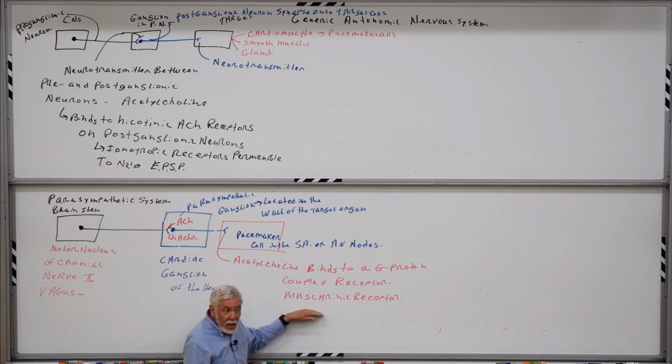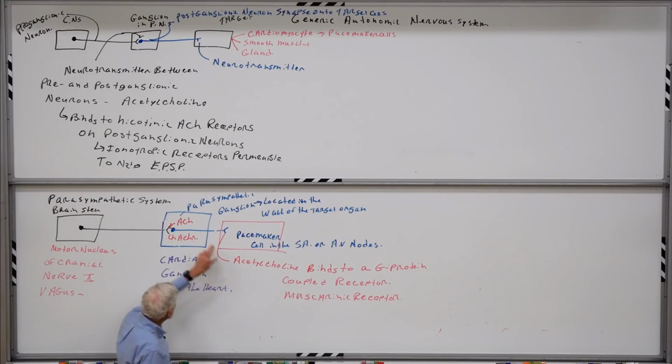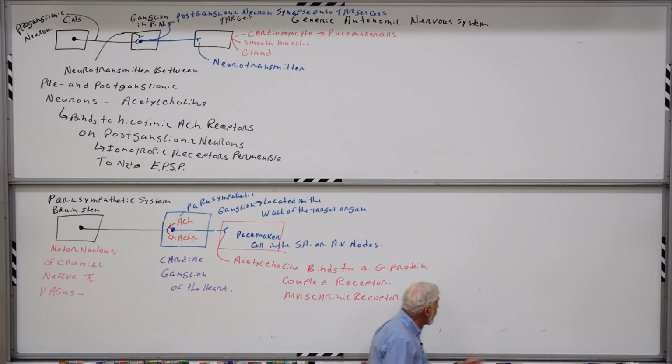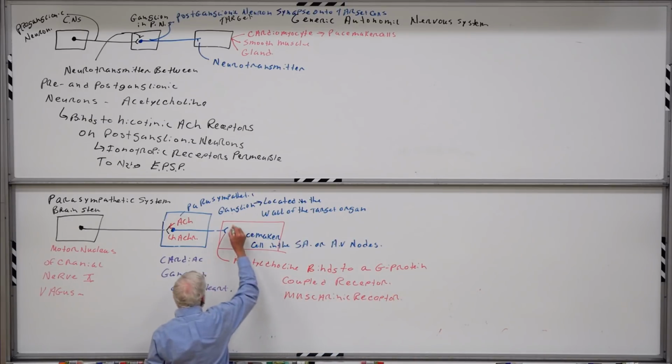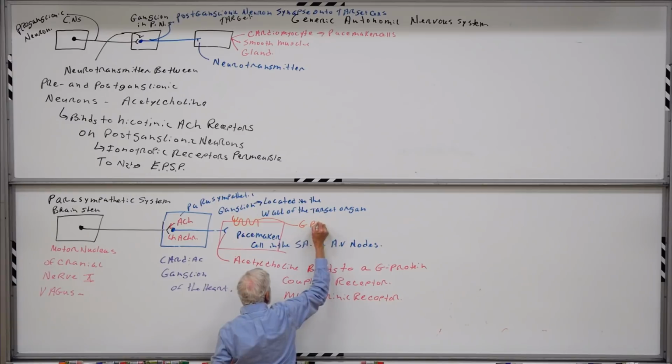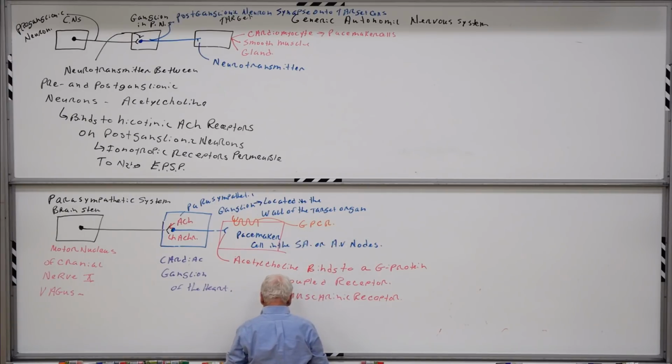The muscarine actually is an alkaloid that binds to this G-protein coupled receptor here on the pacemaker cell. So this is intended to be a G-protein coupled receptor.